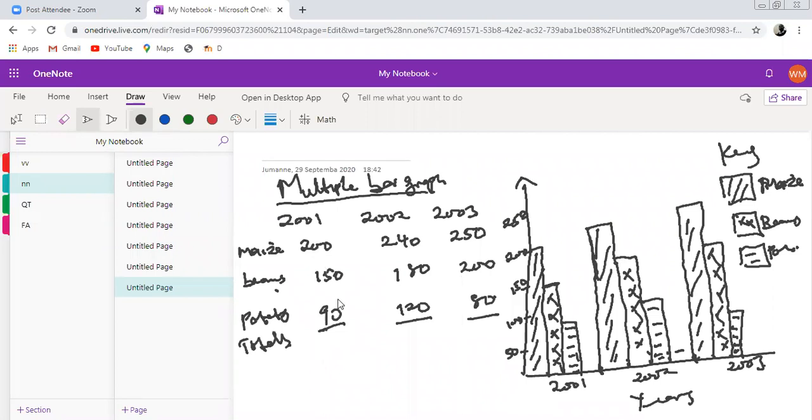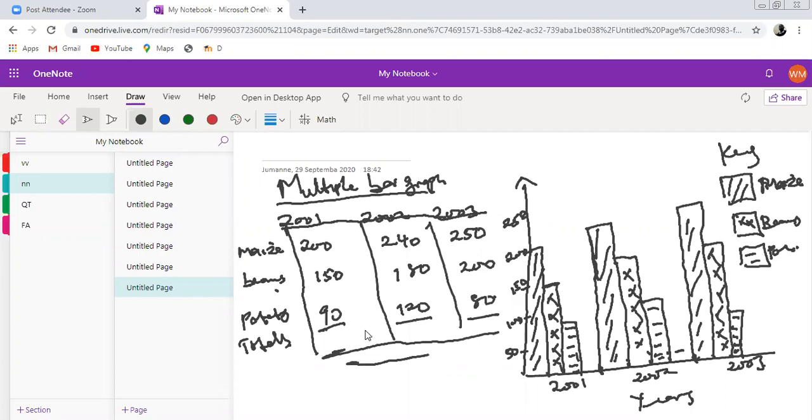Can somebody please add for me these quantities from 200 up to this point so that we can have the total here? 200 plus 150 plus 90. 440. Sorry? 440. Thank you.